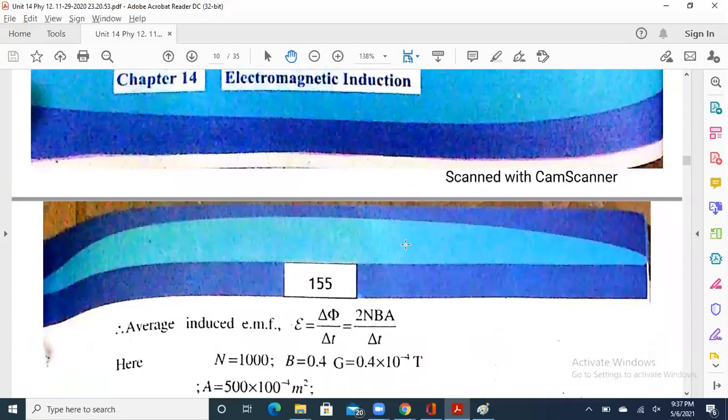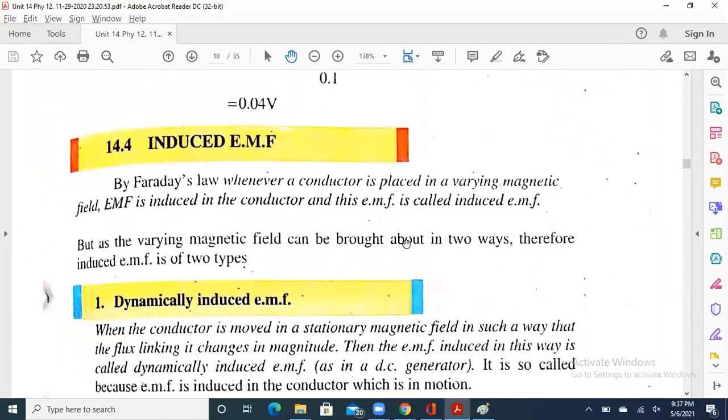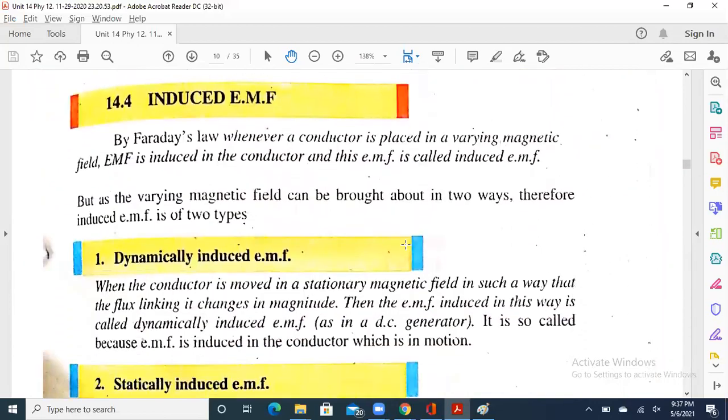It is located on page 155. That is the basic concept of the induced EMF. Although you have got the concept of the induced EMF, today we'll be looking into more details.